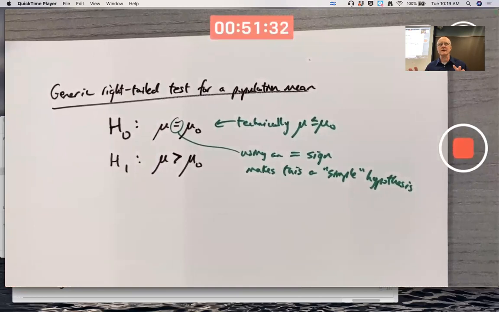Just to remind you, it's the probability of obtaining an observed value of a certain test statistic, like X bar, or like Z if you convert to standard normal, as extreme or more extreme as what you actually observe from your data, under the assumption that the null hypothesis is true. So you're giving the null the benefit of the doubt. You're assuming it's true.